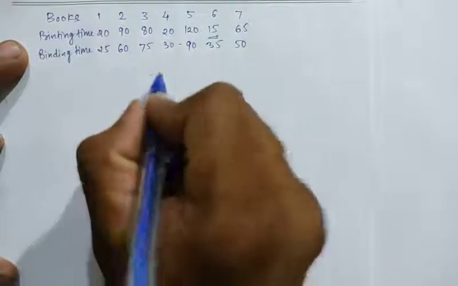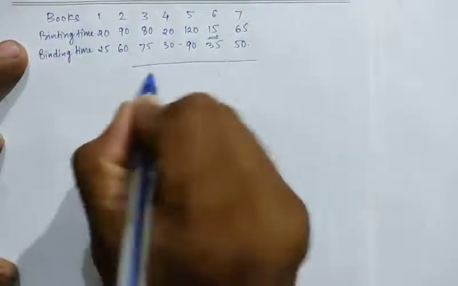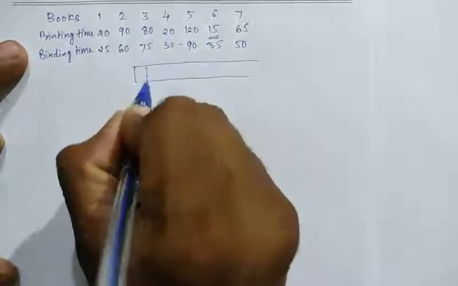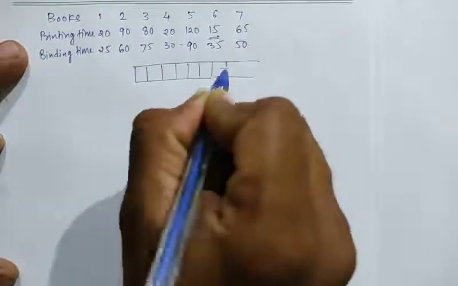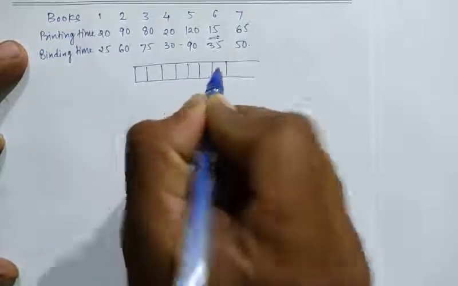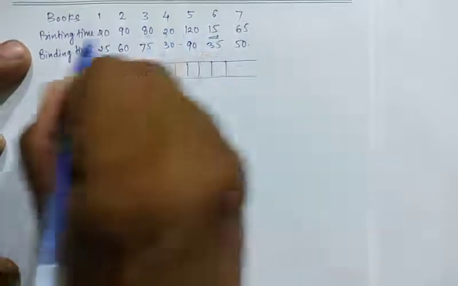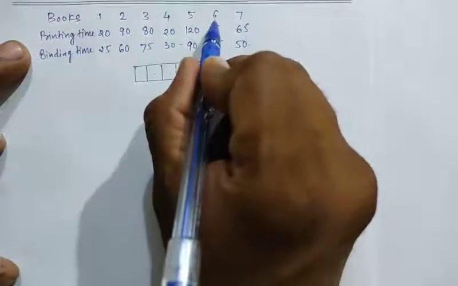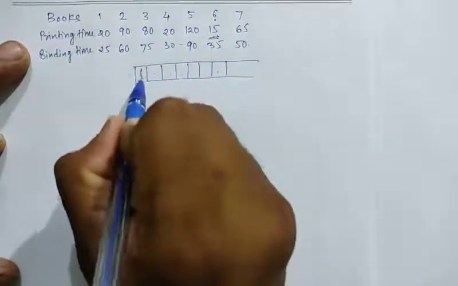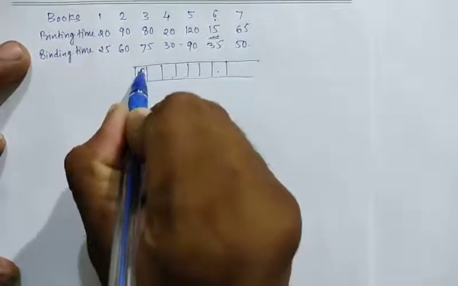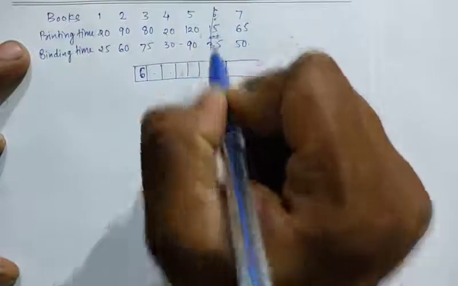We get a total of 7 jobs, 1, 2, 3, 4, 5, 6, 7. So 15 is the minimum value and this is for machine M1, so we place job 6 first. We write 6 and delete this column.